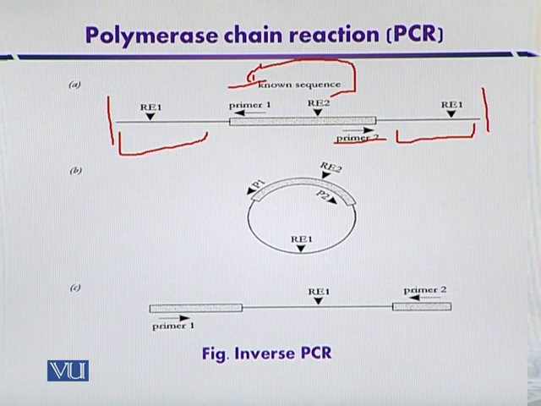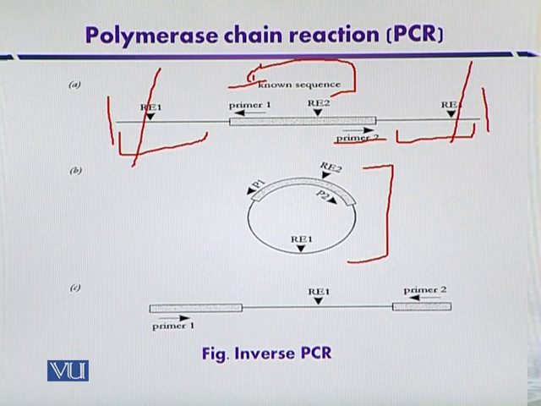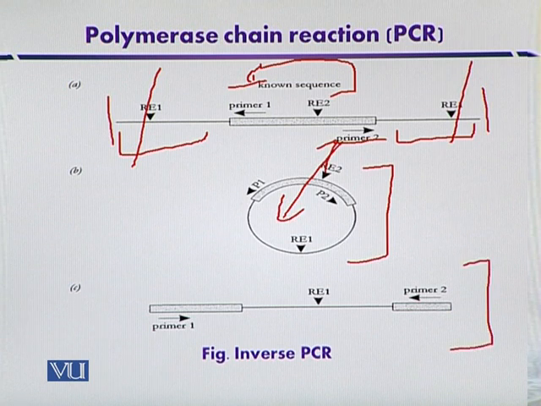So we can introduce circularization of the restriction fragment. Why? Because a sticky end is there because of the digestion with restriction enzyme 1 here. So circularization is there, and after circularization it is again cut with restriction enzyme 2 here, so that again it is converted into linear form.